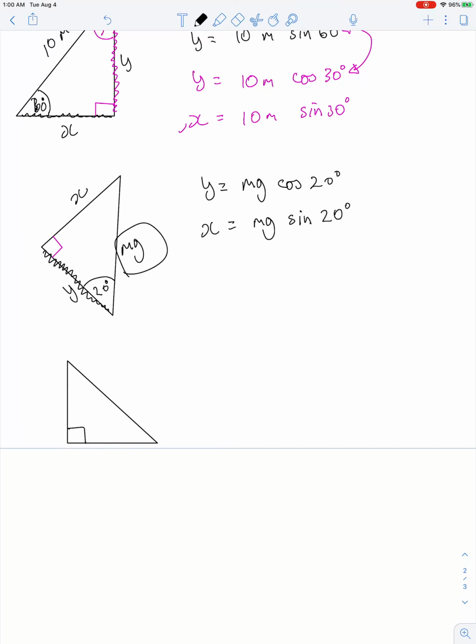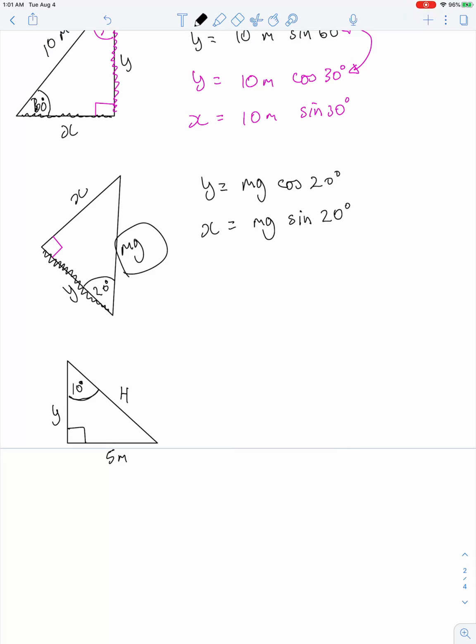So let's put the right triangle. 5 meters here, and this is 10 degrees. And let's call this side H, and let's call this side Y.